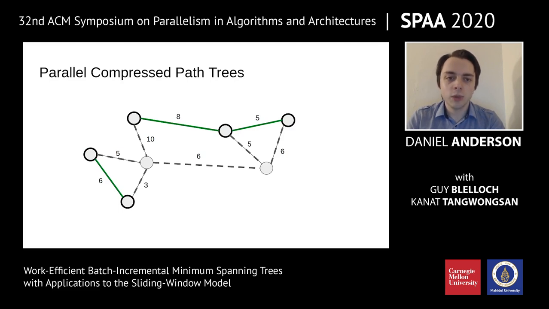To determine which ones we want to take and which edges we want to get rid of, we now simply run a parallel minimum spanning tree algorithm on this compact graph. It will identify the best edges for the MST, and the newly inserted edges that were selected are the ones that make it in and are inserted into the MST. The edges that didn't make the cut are the ones that get deleted from the old MST.